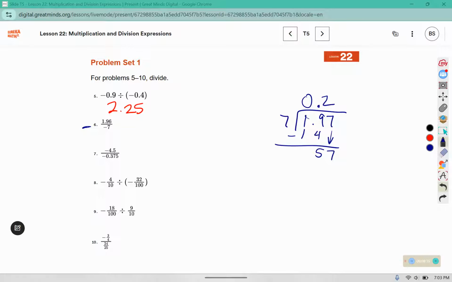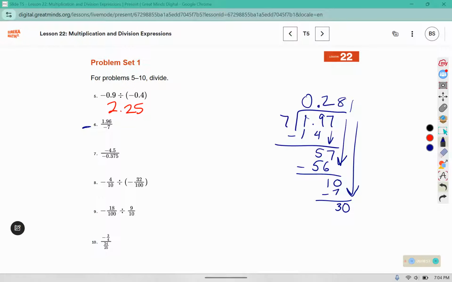Bring down the 7. 7 times 8 is 56, leaving us with 1. Bring down a 0.